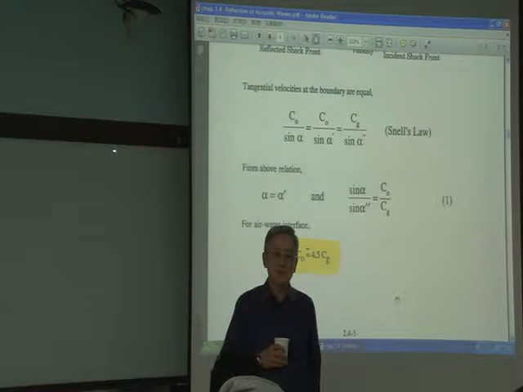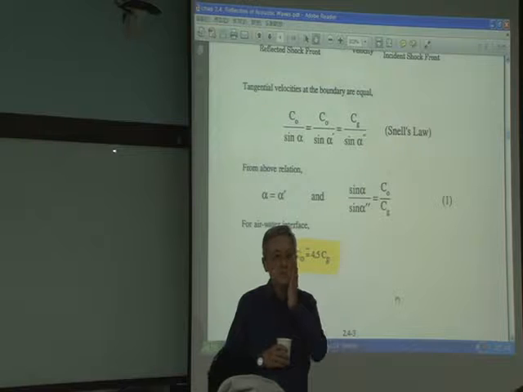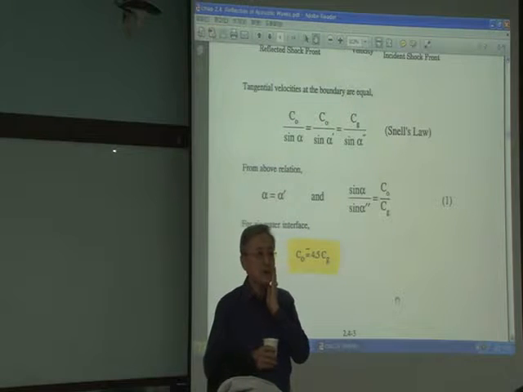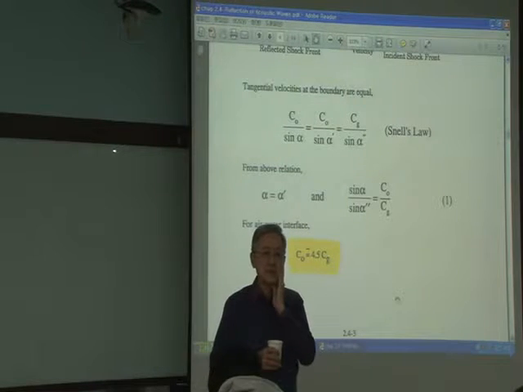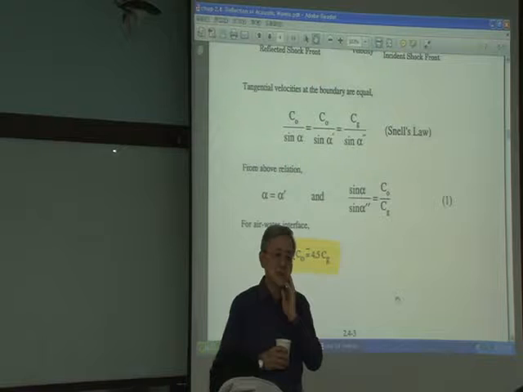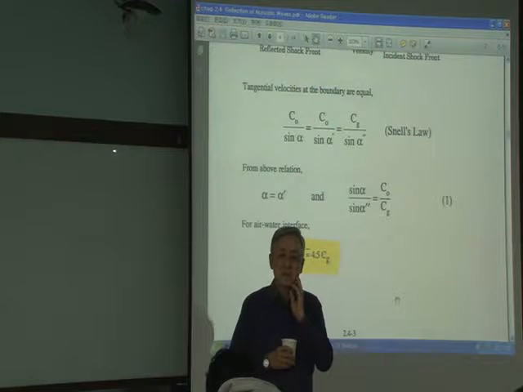Today I'm going to start the bulk cavitation. Bulk cavitation phenomena, in general, is the most important phenomena for surface, the air-water interaction as a result of fluid surface effect.